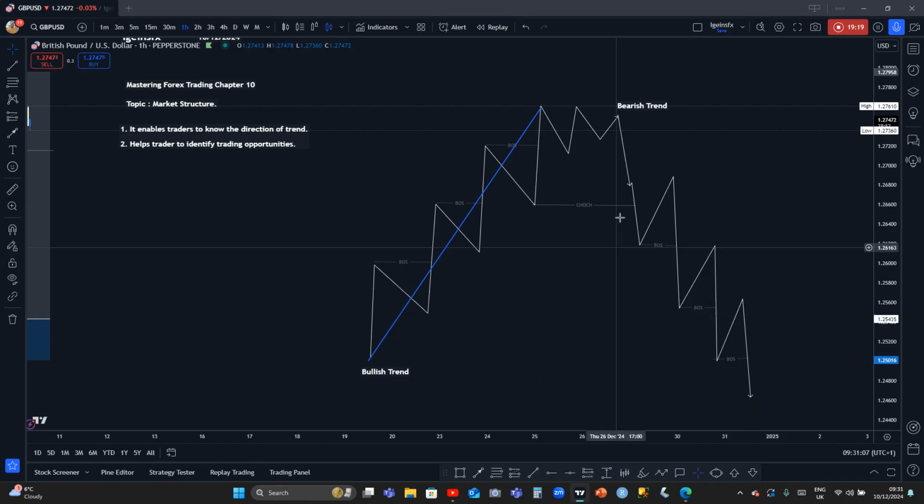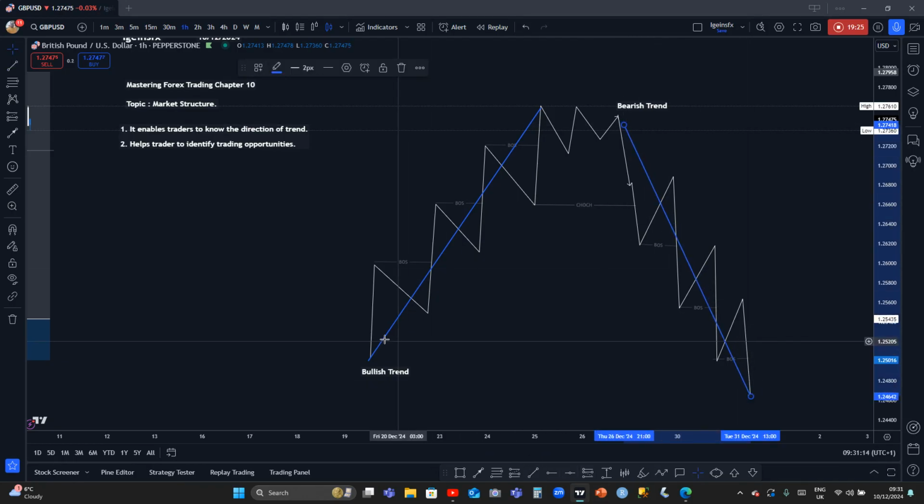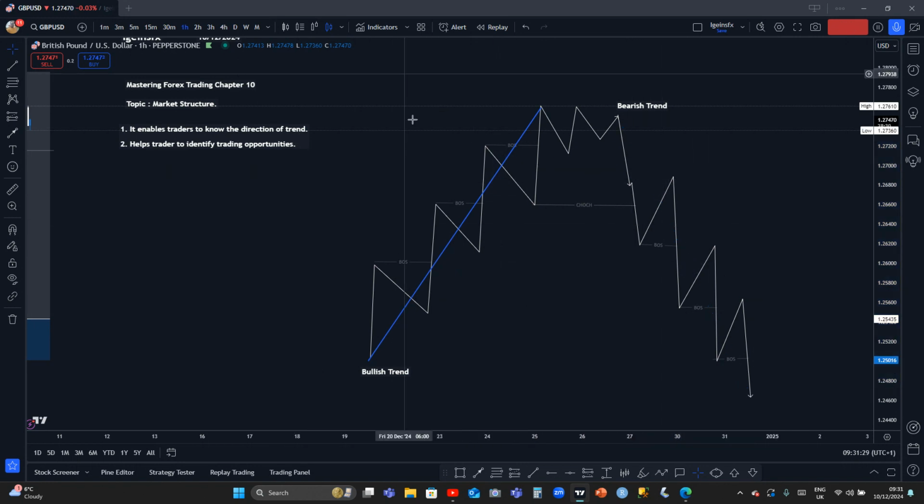Like here, we are now what? Bearish. When the market is bearish, you should be looking for a selling opportunity. When a market is bullish, you should be looking for a buying opportunity.